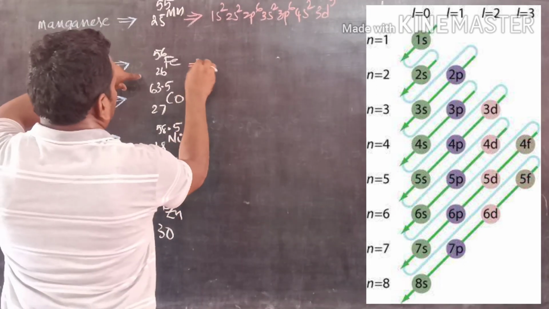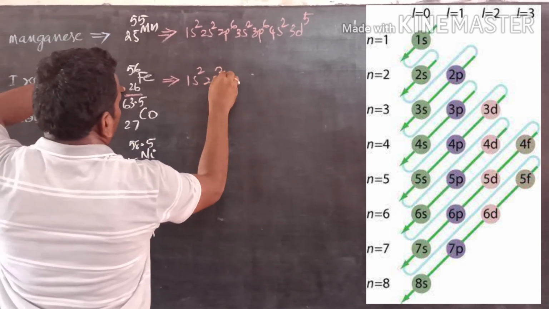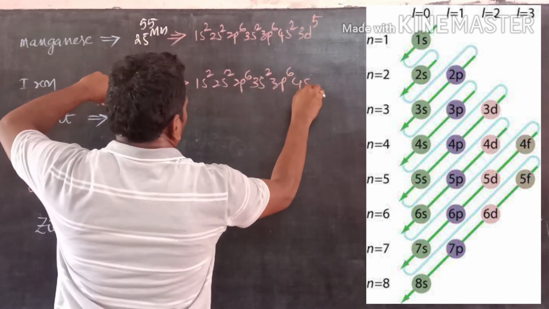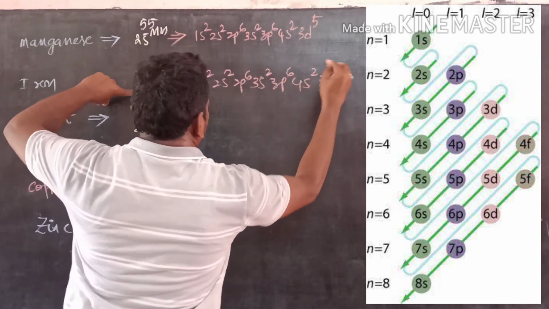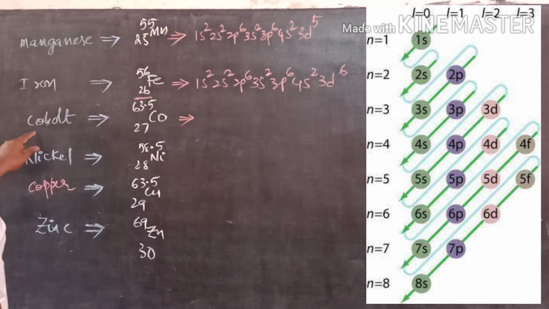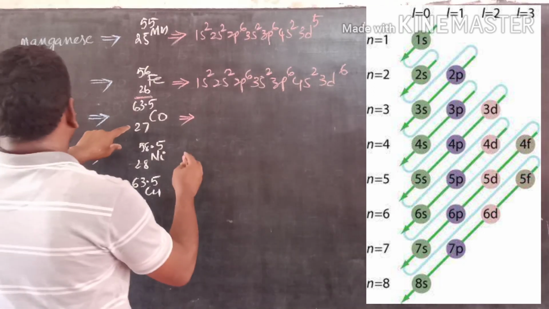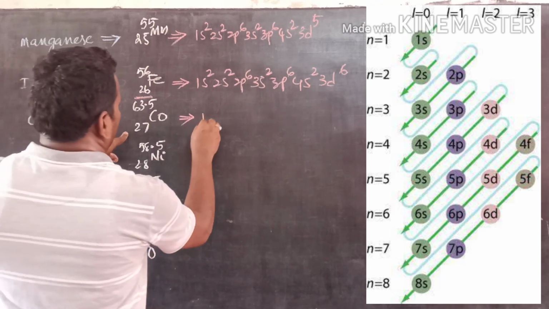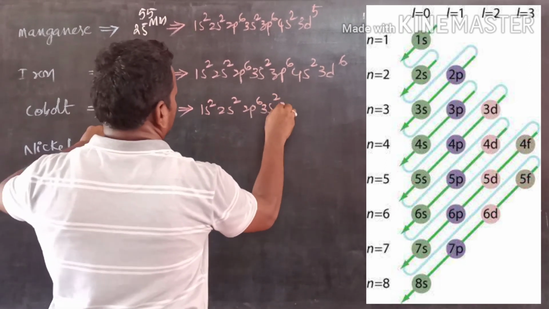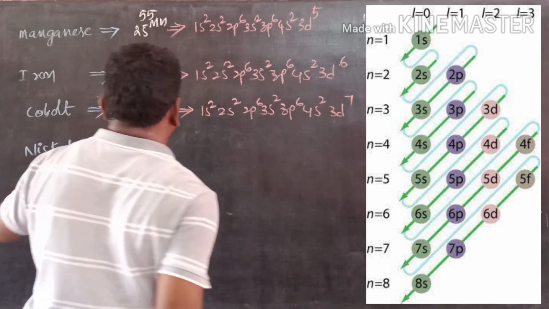Next, in the case of iron, atomic number is 26: 1s2, 2s2, 2p6, 3s2, 3p6, 4s2, 3d6. Now coming to cobalt, we are writing the electronic configuration: 1s2, 2s2, 2p6, 3s2, 3p6, 4s2, 3d7.